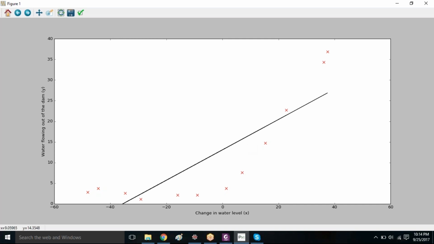One is when we are talking about the change in water level, of course it can increase or it can decrease, but when it decreases, the water will not flow out, right? But mostly you will find this kind of positive and negative because of the concept we studied in the previous session, that is normalization.